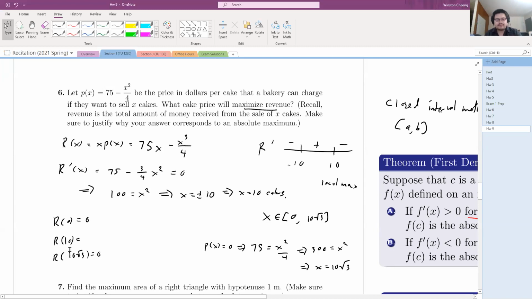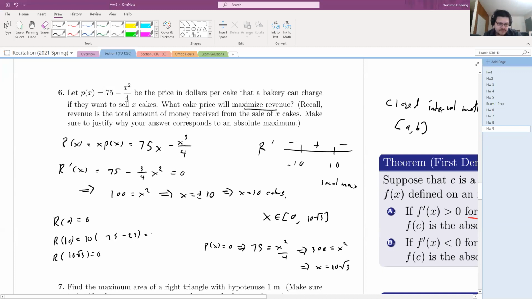So we have 0 and we have 10 root 3, and we can apply the closed interval method, and just plug 10 into the revenue function. We'll get 10 times 75 minus 100 divided by 4, so that's 25.